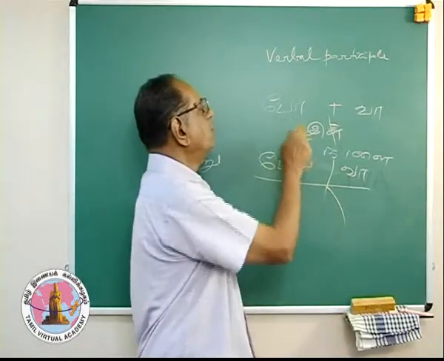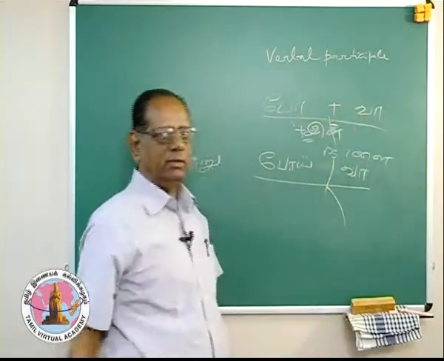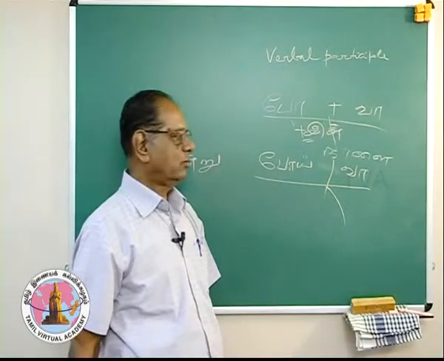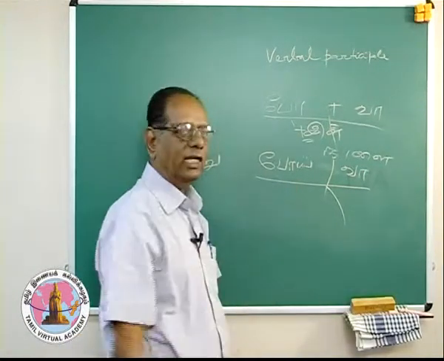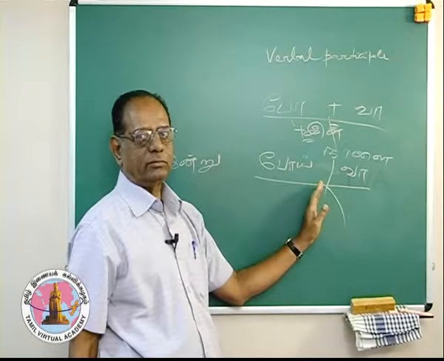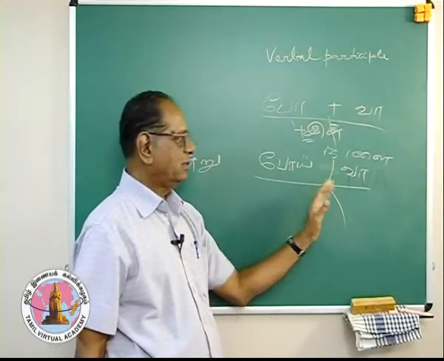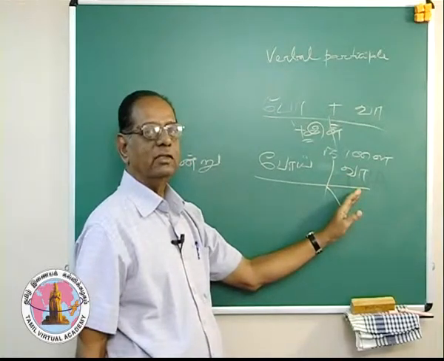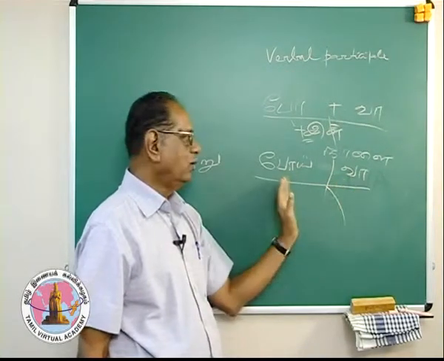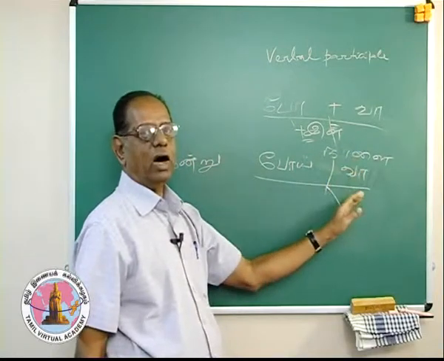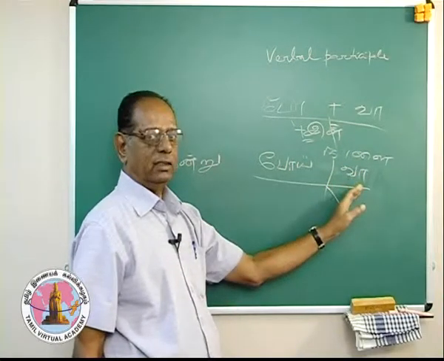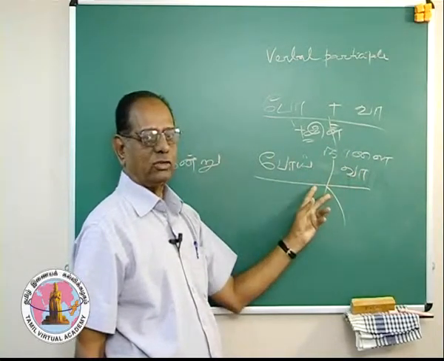Here I said poi va, it's a verbal participle. Here I split it. The first verb remains incomplete. The second verb is complete. Indru poi, nalai va. Put together, they denote two actions.